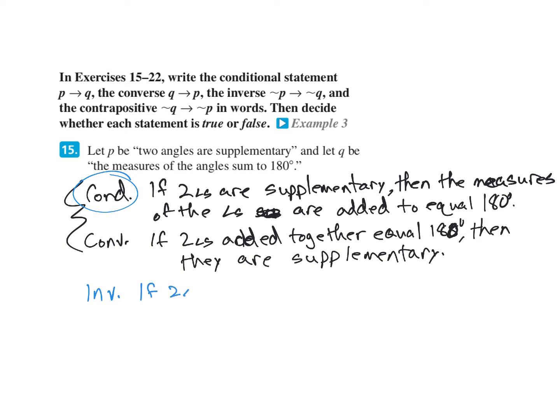If two angles are not supplementary, I'll just abbreviate, then let's do their sum is not equal to 180. All right, so if they're not supplementary, then their sum's not 180. All right, so I'm abbreviating here.